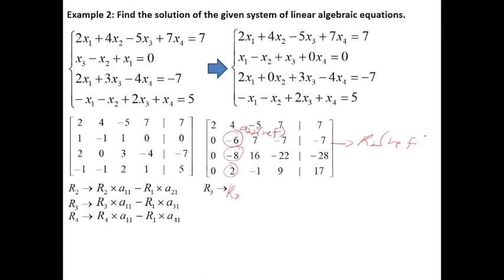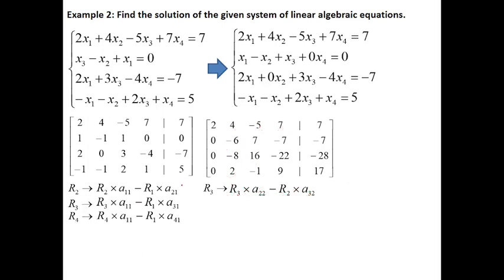So, R3 times A22. Diba? Minus reference row R2. Yung gagawin mong 0, yung negative 8, ano yan? A32. Ayan.